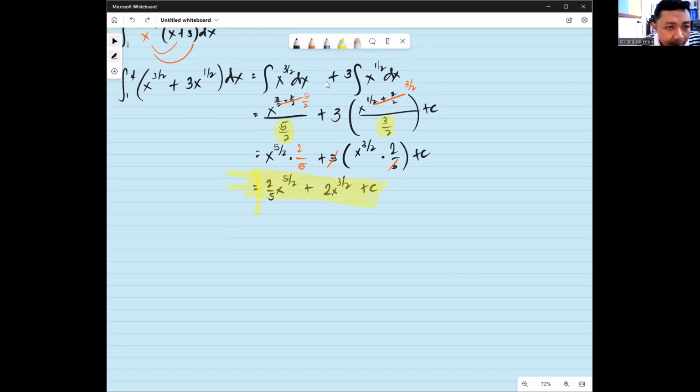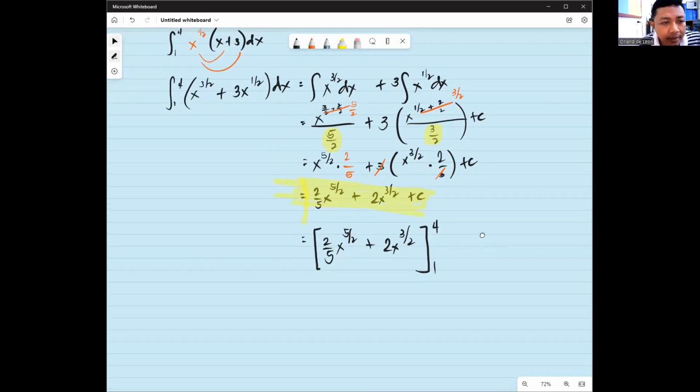So we enclose it in a bracket: 2/5 x raised to 5 over 2 plus 2x raised to 3 over 2, close bracket, and then put the boundaries from 1 to 4. Can you follow? Show me a reaction if that is clear to you. Very good.